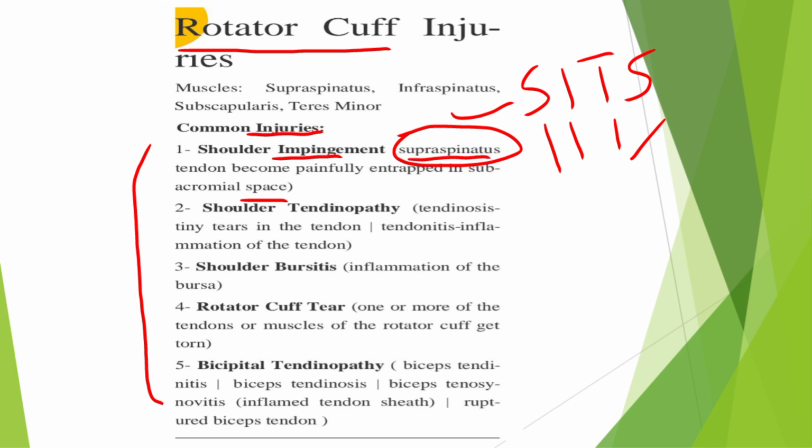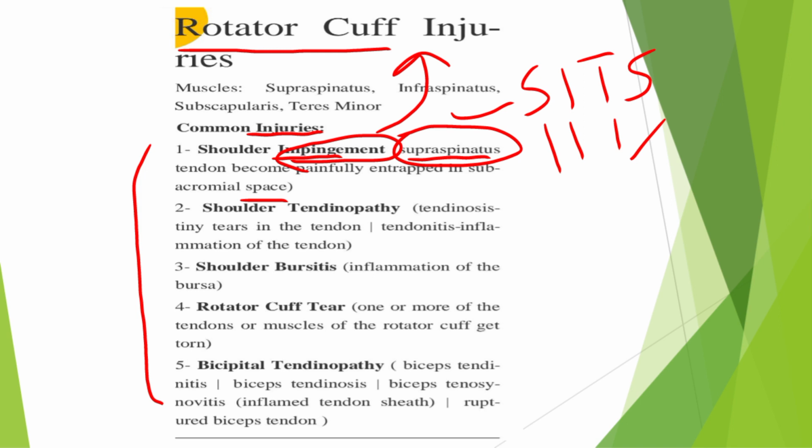Almost it has a role in the abduction of the shoulder. When the supraspinatus tendon is trapped in the subacromial space, it causes shoulder impingement, which also leads to rotator cuff injury. Supraspinatus is the most common muscle involved in rotator cuff injuries.